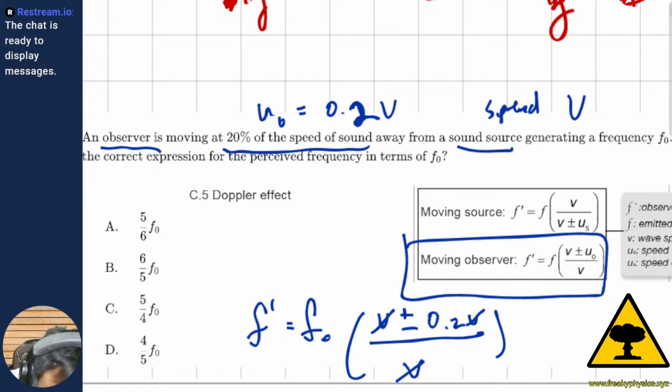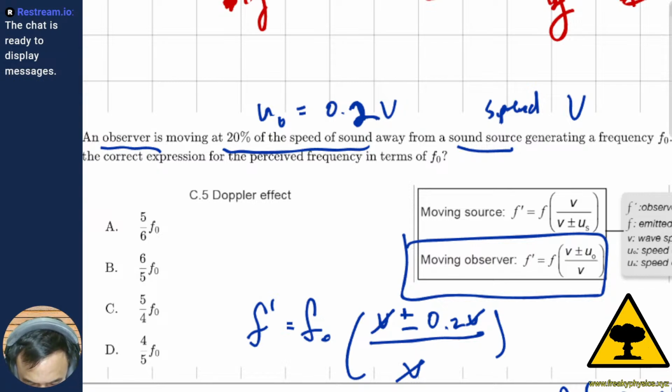So we're left with F prime is equal to F0 times 0.8, or F prime equals F0 times 1.2. Now, in fraction form, this will be 4/5, and then this is going to be 5/4, right?